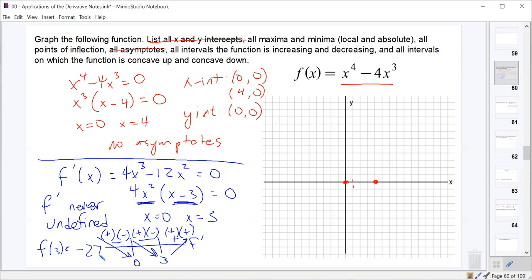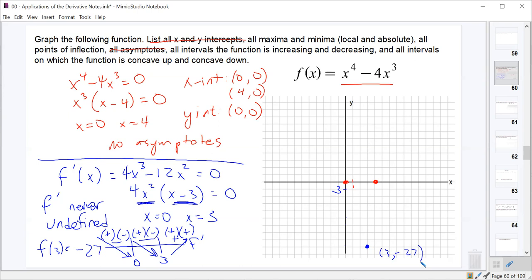And clearly, if I make each square 1 on my graph here, I'm not going to be able to fit that on. Let's make each square here 3 going down. So 3, 6, 9, 12, 15, 18, 21, 24, negative 27 over here at 3. So this is the point (3, negative 27).